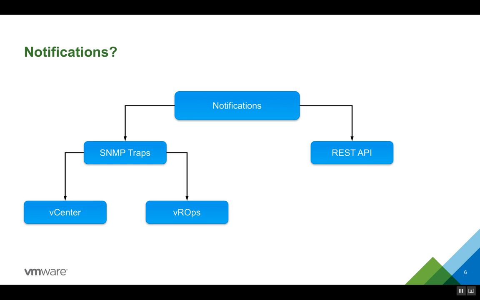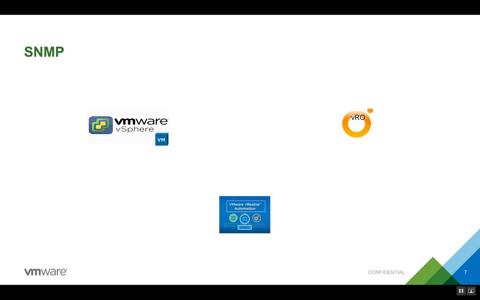So when I am utilizing only SNMP traps, I can utilize both vCenter server or vRealize Operations Manager server. But when I'm talking about REST API, I will have to utilize only vRealize Operations Manager along with webhook shims. VROP server only provides you the REST notifications based on REST API, and since VROP server has its own proprietary process of REST APIs, which is not directly understandable by vRealize Orchestrator, we need to have webhook shims which will convert that.